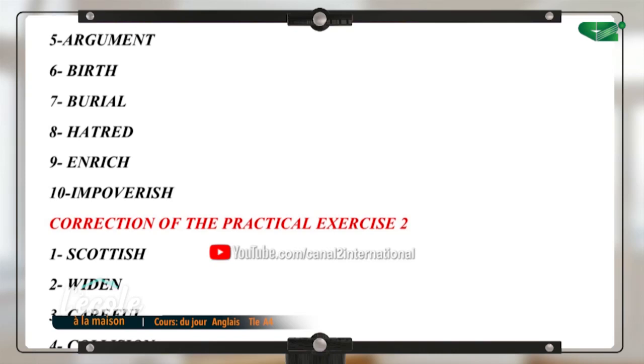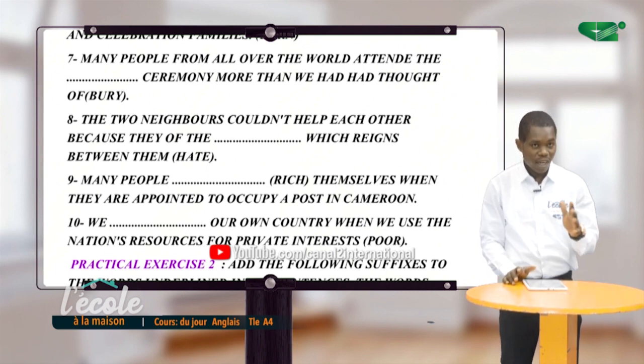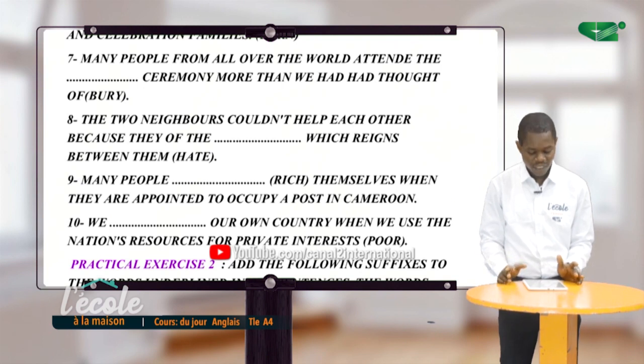We want it to change its form and become a noun. The noun that is derived from bury is burial, because the last letter Y will be dropped, or let me say changed into I before we add AL. It becomes burial. Burial ceremony.